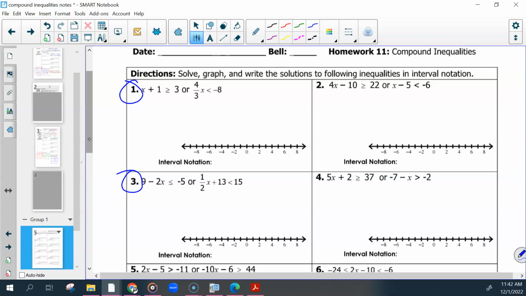Notice that these say or. So or inequalities say or, so you don't have to guess which one it is. If it says or, you are automatically solving them separately. So for this one, we would subtract 1. For the other one, how would we get rid of the fraction?